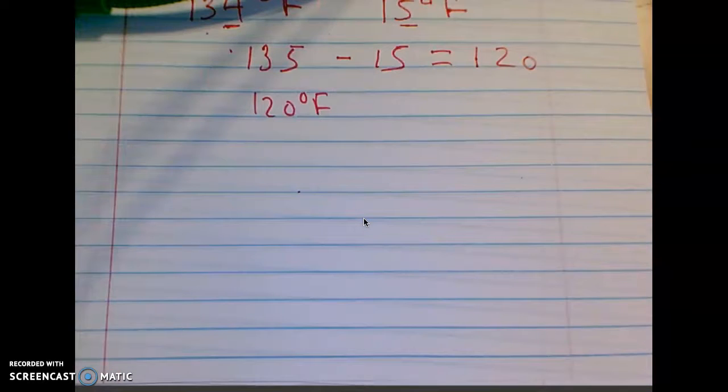Listen up for the problems that you are going to be working on. You will do number 1, 3, 4, 5, 7, 11, 16, 17, 19, 20, 21, 22, 23, 24, and 29.